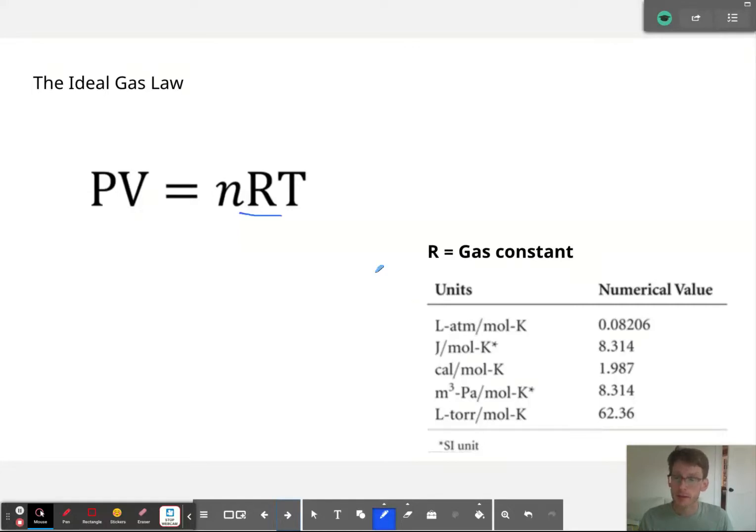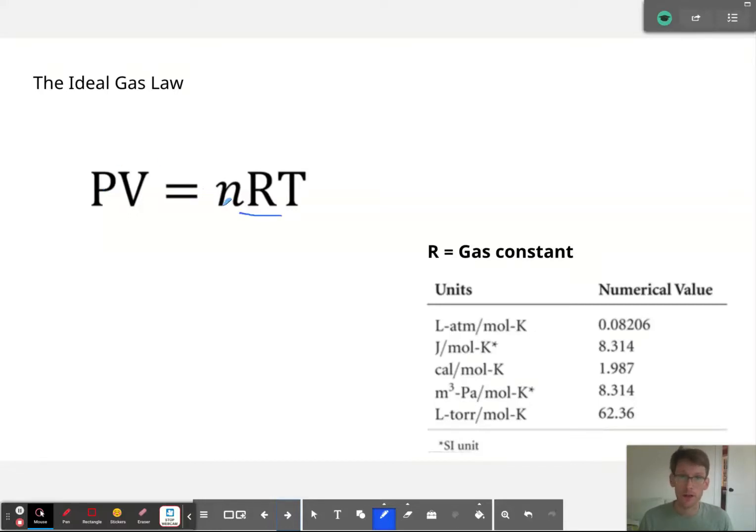The gas constant is simply there to relate the units. If we have a sample of gas, let's say that we're trying to calculate the number of moles. We know the temperature is 100 Kelvin, the volume is 1 liter, and the pressure is 1 atmosphere.